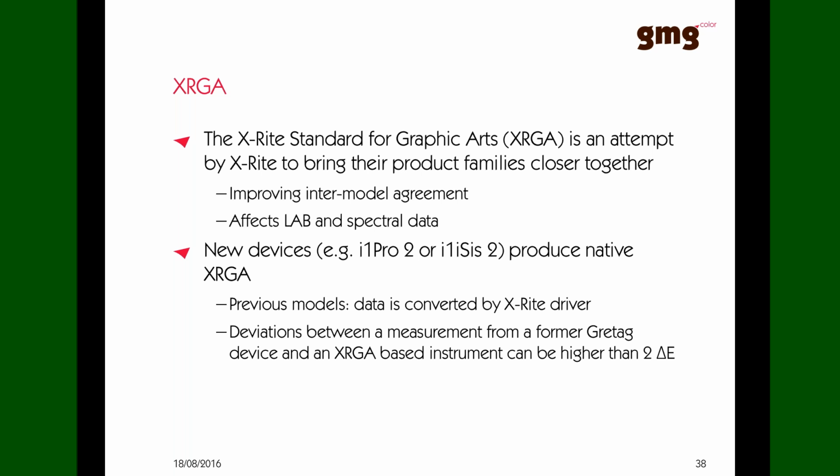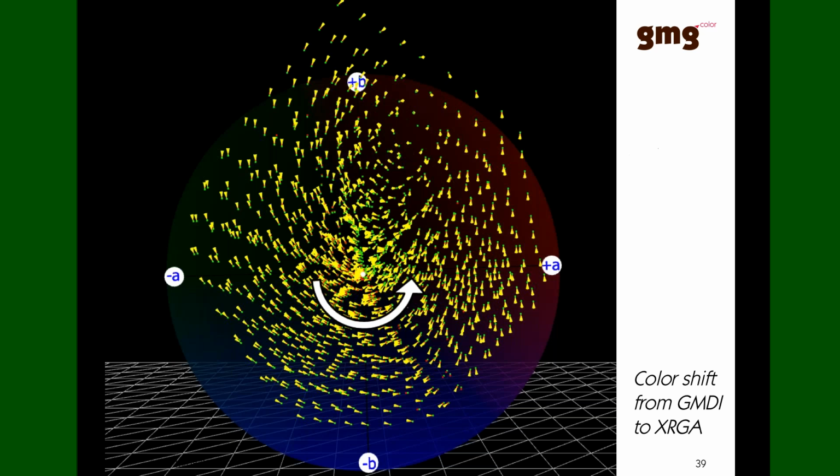Here's just a quick graph of how this looked. Here we see the color shift that happened, on the right-hand side we write from GMDI to XRGA. This color shift shows how Gretag Macbeth measurements of colors had to be changed in order to be in this XRGA standard.